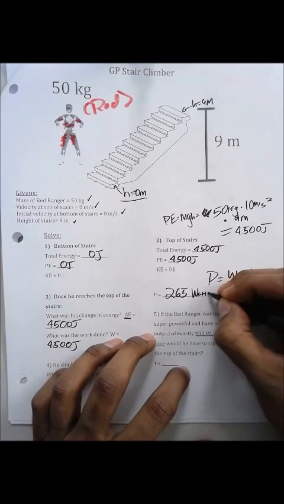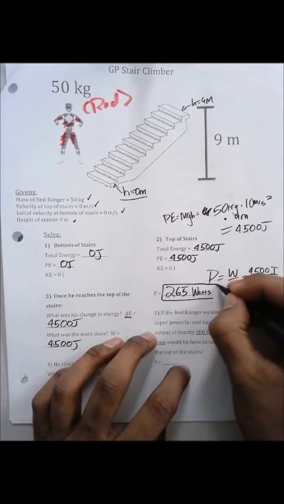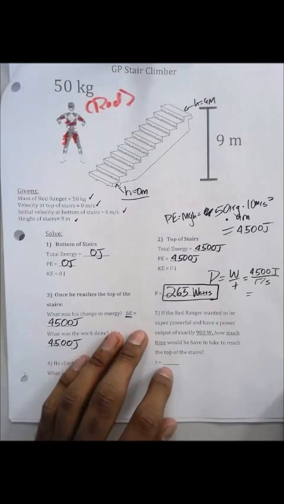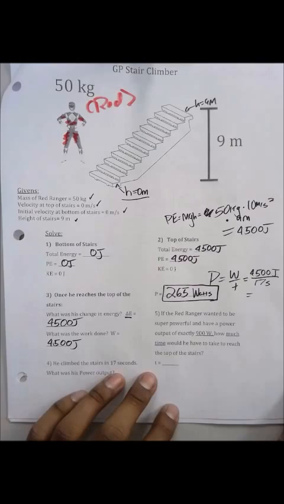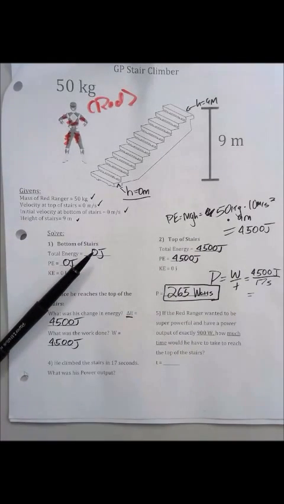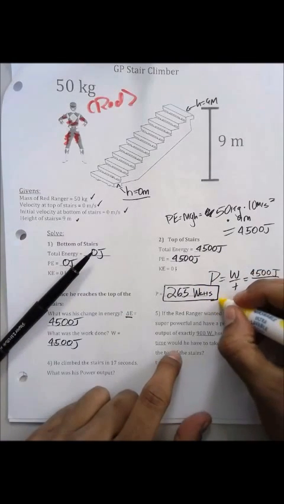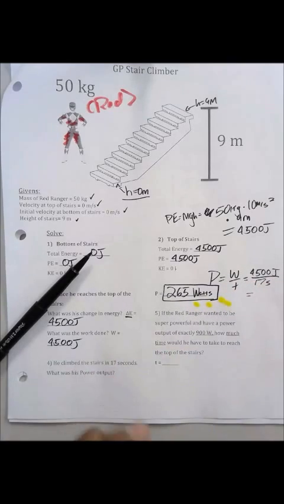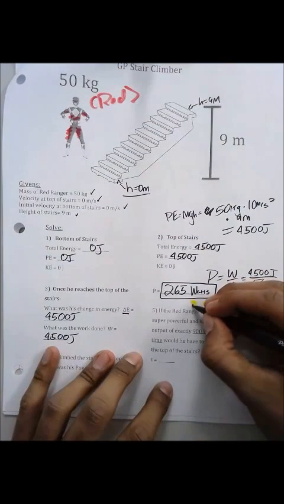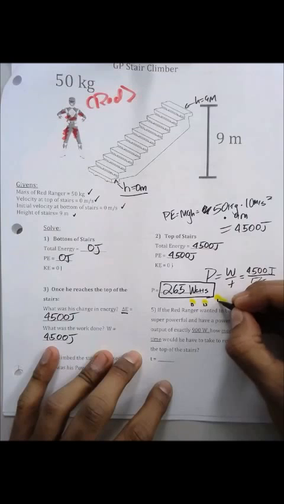That has the power of approximately 4.4 light bulbs. So as Red Ranger runs up, he can light up 4 light bulbs. Those are light bulbs, obviously.